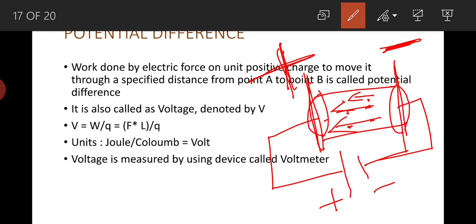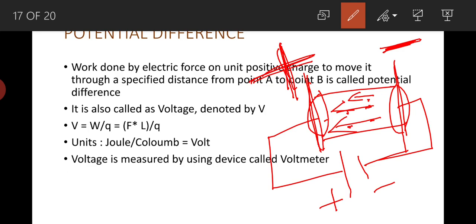Because of these negative and positive terminals, electrons move in a specified direction, and hence current passes in this conductor. It means without applying potential difference, we cannot pass current in this conductor. Potential difference is the driving force which moves the electrons and makes the current pass through it.